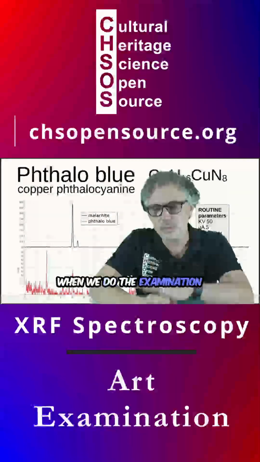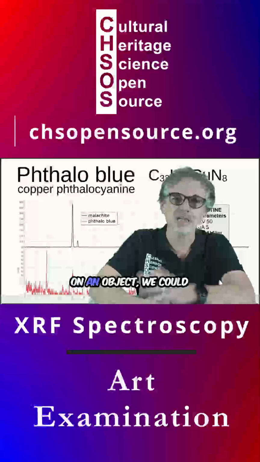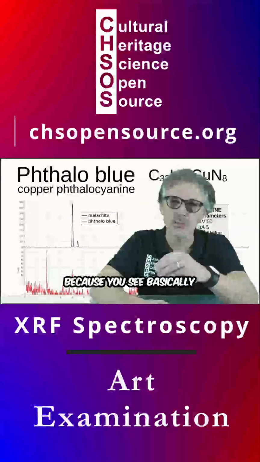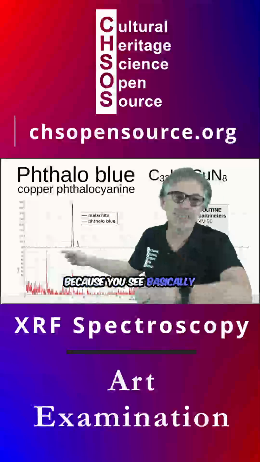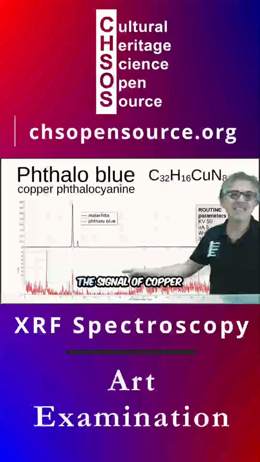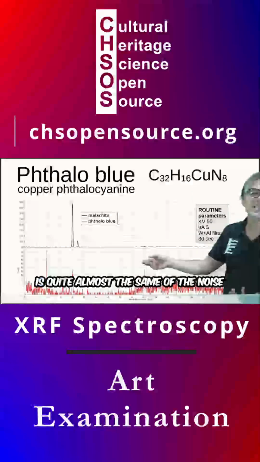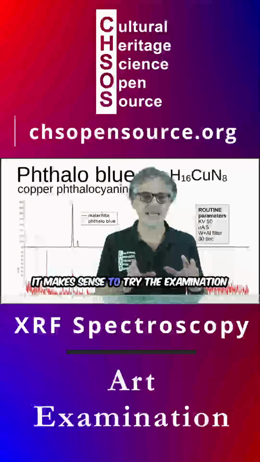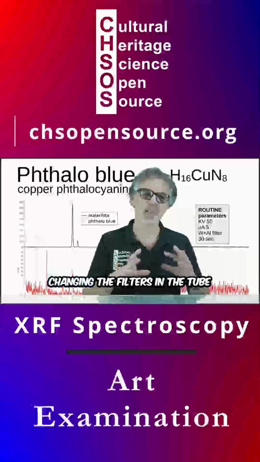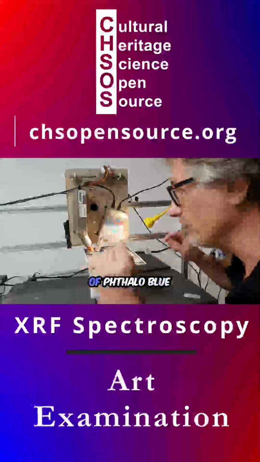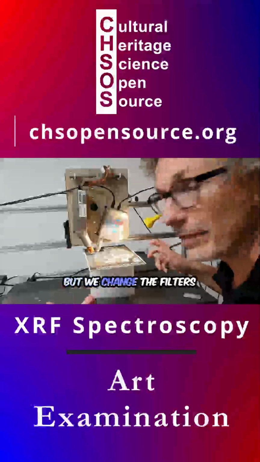So when we examine an object, we could actually miss the copper in it, because in this acquisition the signal of copper is almost the same as the noise. It makes sense to try the examination changing the filters in the tube. Now we measure phthalo blue again, but we change the filters.